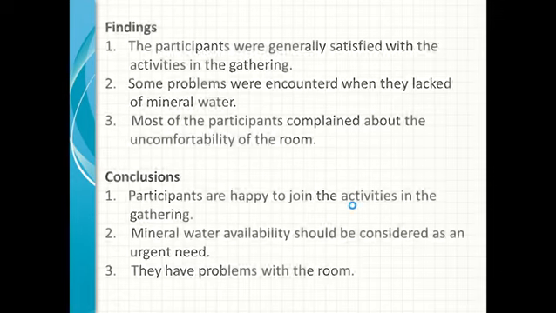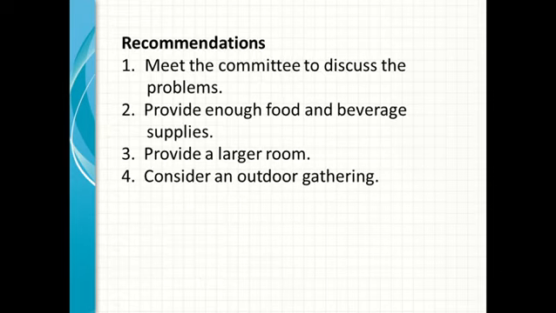What about the final part? The final part is the recommendations. It deals with the problem happened during the event, and the writer here suggests, for example, to consider an outdoor gathering. You can also write other suggestions here to make the next events better.